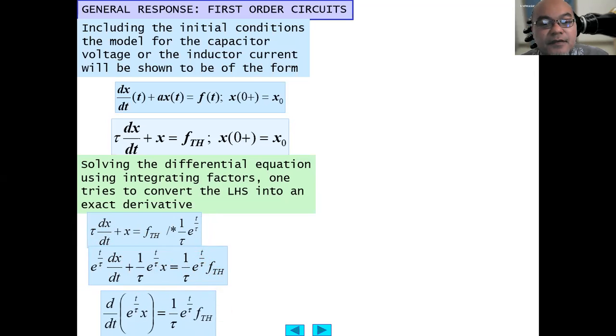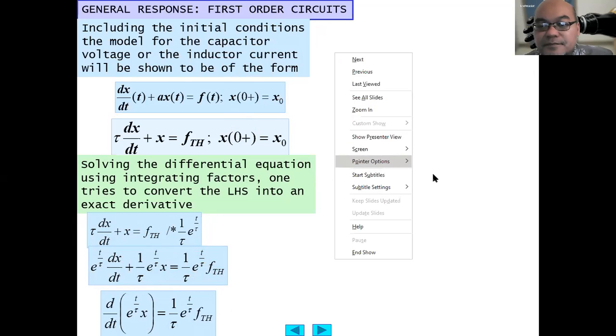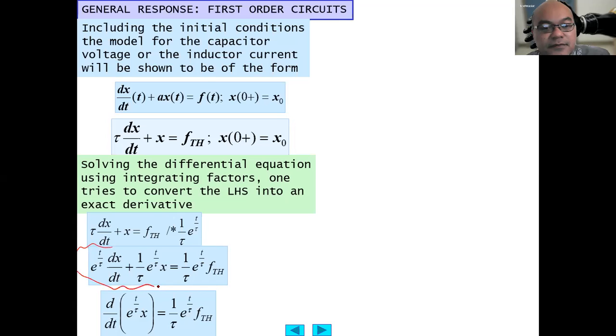Okay, so from there, these terms, if you know that d(uv)/dt equals u dv/dt plus v du/dt, these terms basically equal d/dt of exponent t over tau x.